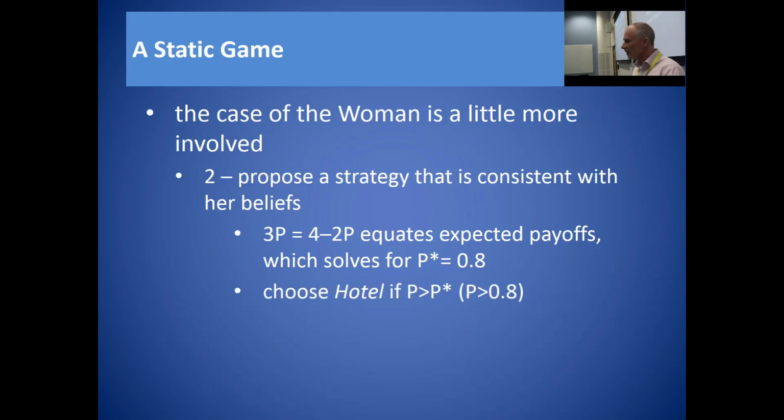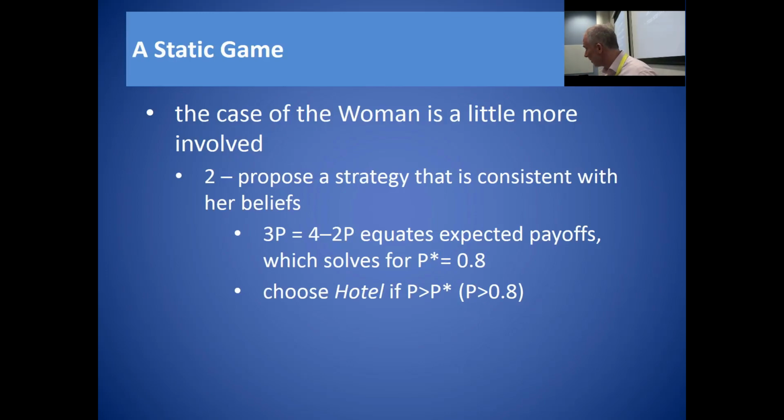But the way that we set this up, we said that when p is greater than 0.8, the woman will choose to go to the hotel. If you think about it intuitively, what are we saying here? As p increases in value, it's more and more likely that the man will be a party animal, a party lover.